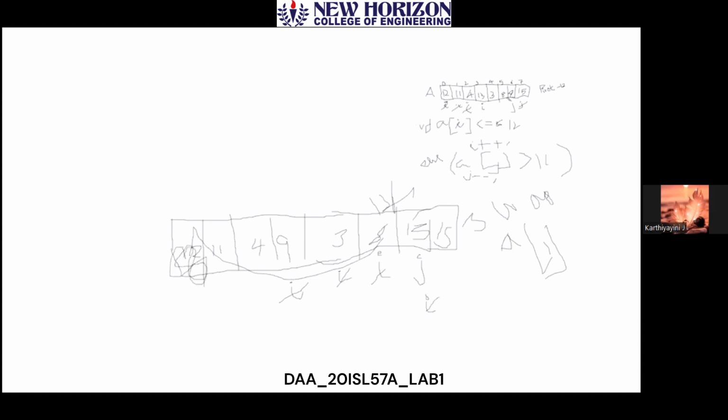Now you can see my 12 is here; the elements on the left side are lesser than the pivot, and on this side whatever is there is greater than the pivot element, and it is already arranged, so no problem.